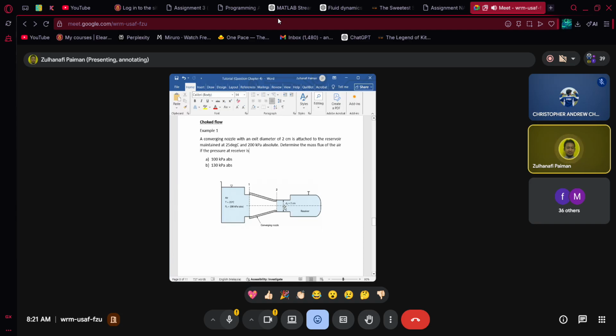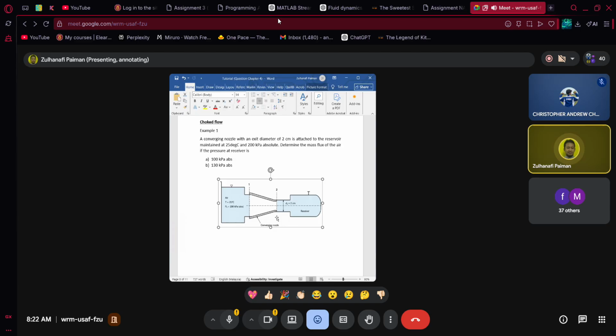A lower pressure ratio will not further increase the mass flux. The key point is that if the flow is choked, Mach number reaches one, and the mass flux is already maximum.